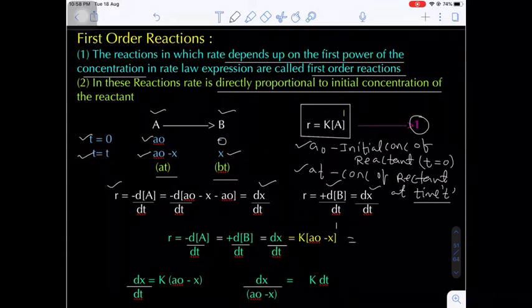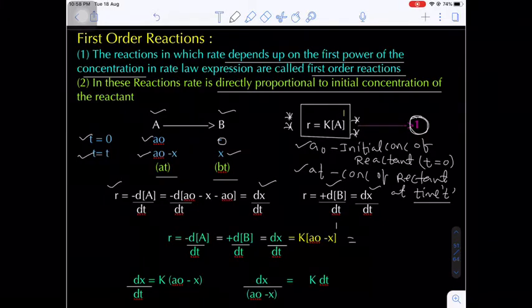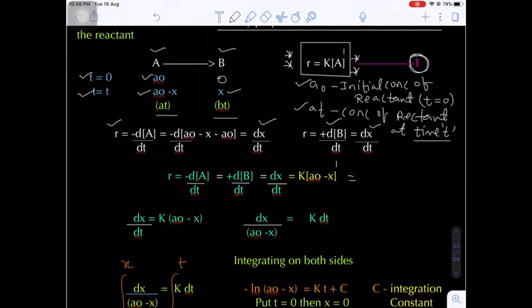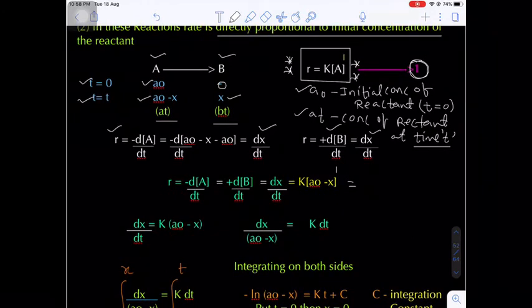And one more important thing, the rate of a reaction R is equal to k into A to the power 1. Here the exponent in the rate expression is 1, that's why it is first order kinetics. This is the first equation we have to remember: R is equal to k into A to the power 1, where A is the reactant, and the power 1 corresponds to the order of the reaction.